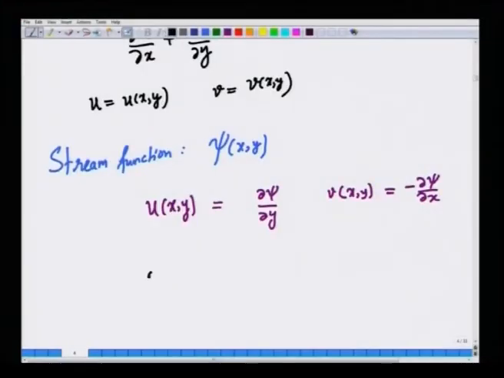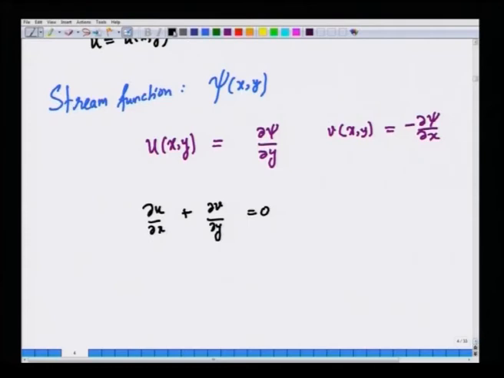Now, let us look at the continuity equation. You have partial u partial x plus partial v partial y is 0, that is the continuity equation. Now, I am going to substitute u here and v here through these definitions.